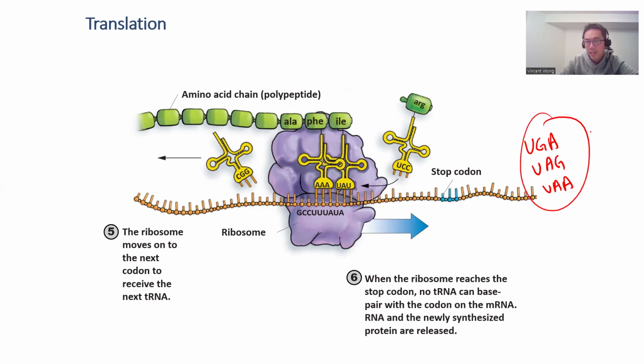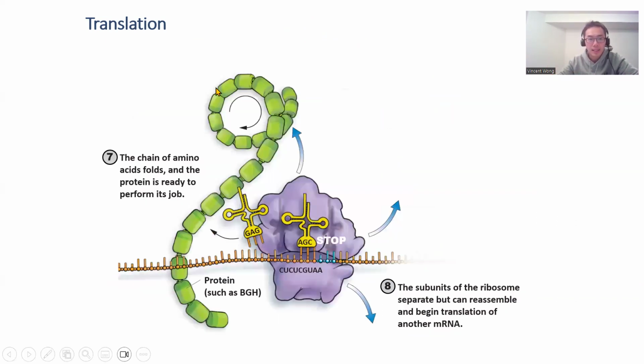There is no anticodon matching those. And then the ribosome cannot proceed. Nothing's coming. And that pause is a signal that tells the ribosome this is the end. It's done. Okay, so everything falls apart, and then you release the protein.